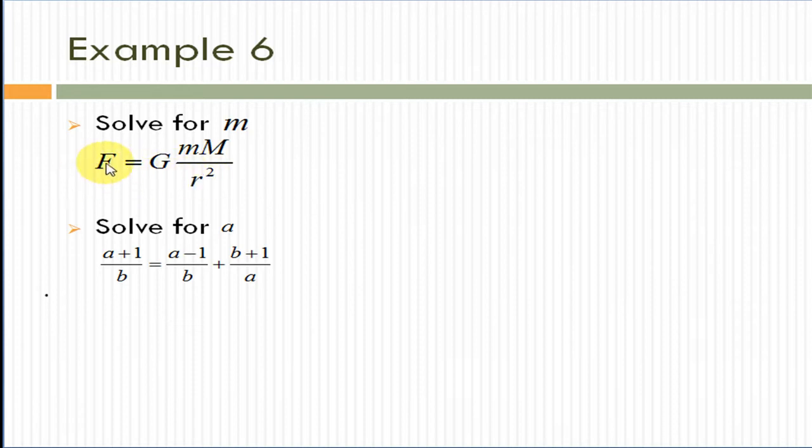So first multiply both sides by r squared to get r squared capital F equals capital G times little m times bigger m. But we can rearrange the order, doesn't matter. Okay.